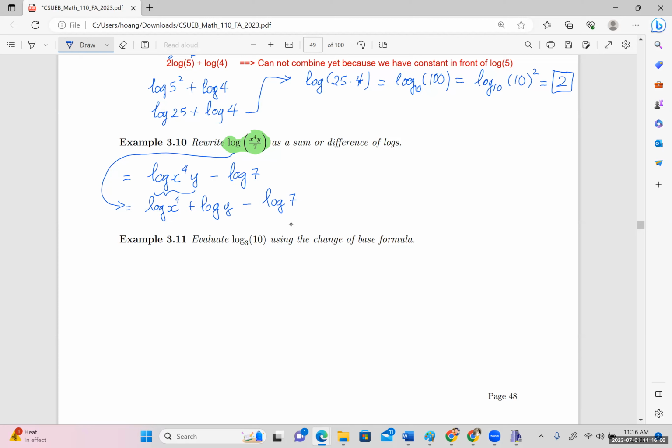And then you will have to do one more step, maybe. This should be okay to me, but since this has the power 4 there, you can think about moving it to the front of the log. So we're going to have 4 log x plus log y minus log 7.